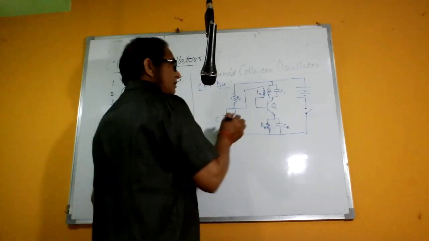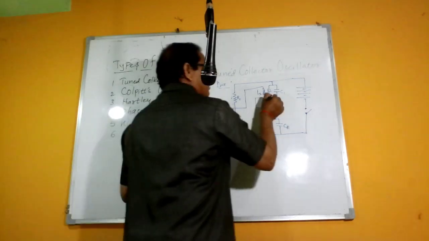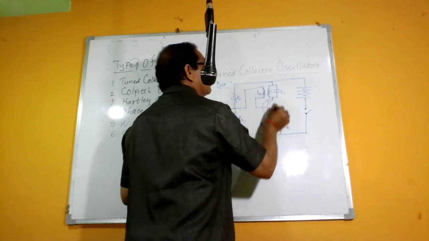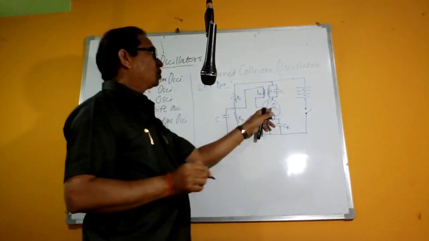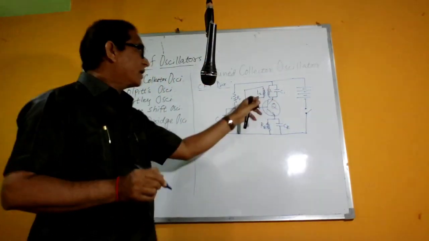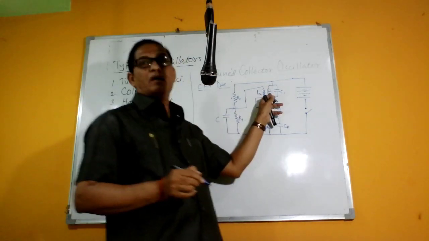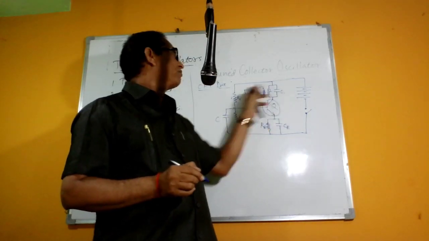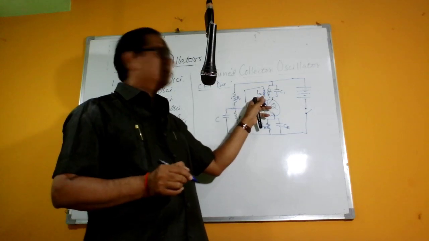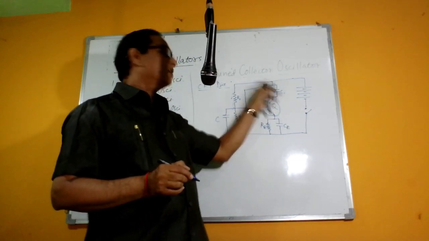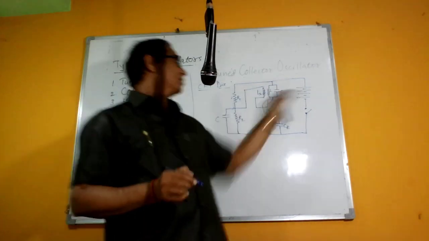So it consists of a transistor Q, and a tank circuit containing L1 connected in parallel with C1. L2 is a coil which is magnetically coupled to L1 and the tank circuit. Then VCC is applied.